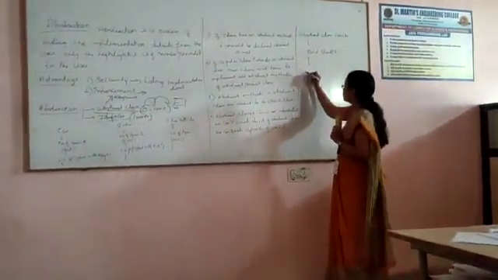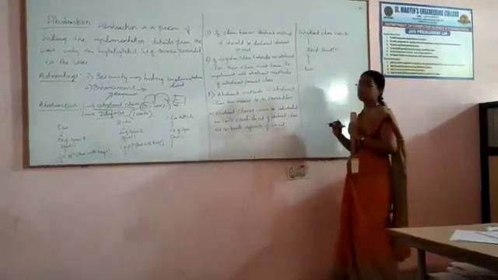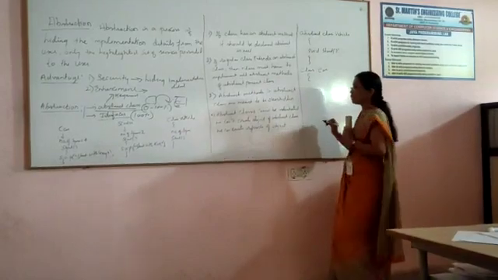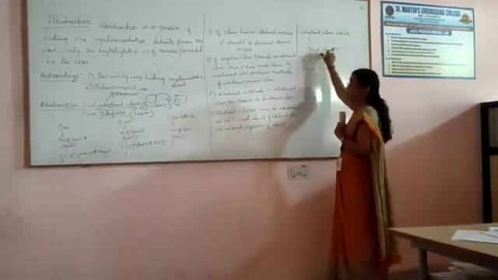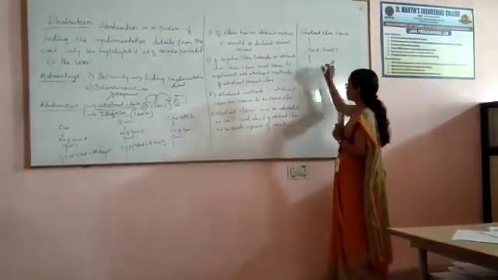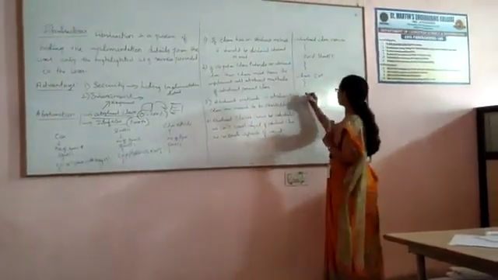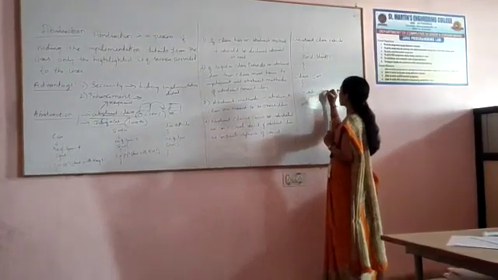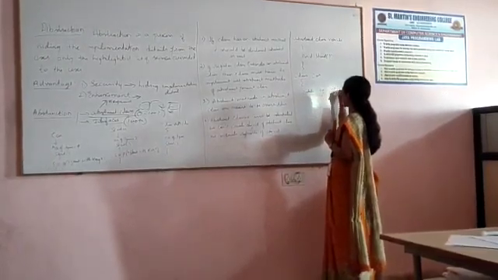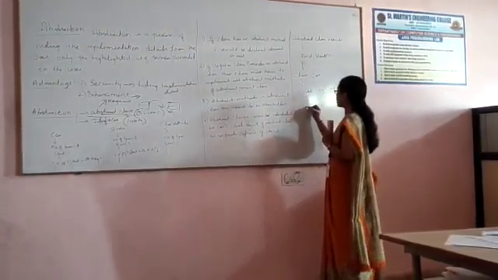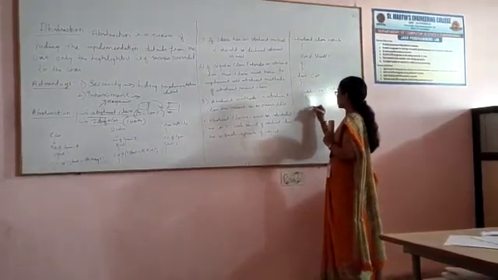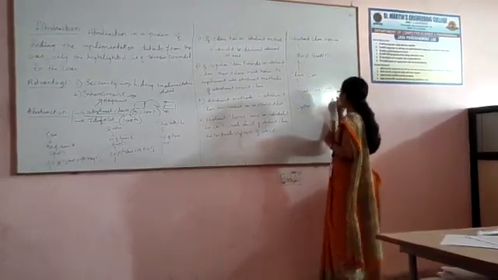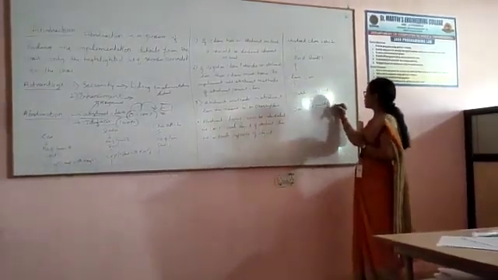Now I am creating a class car. In this car, what I have to do? I have to define this method. So I am defining this method here. Suppose it is starting with the key.